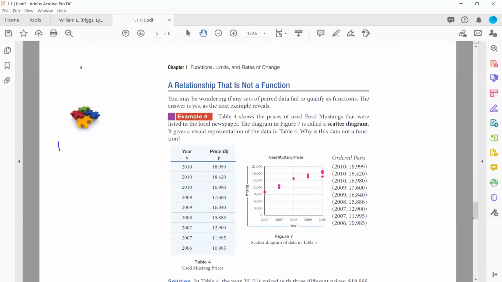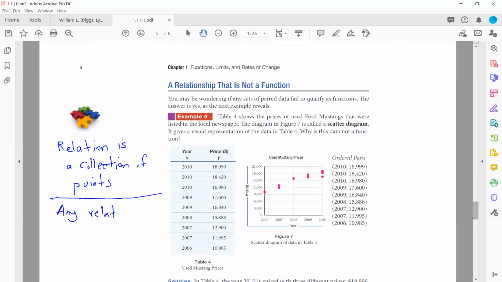So a relation is a collection of points. Is any relation a function?